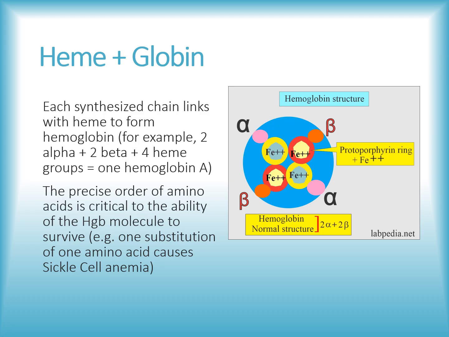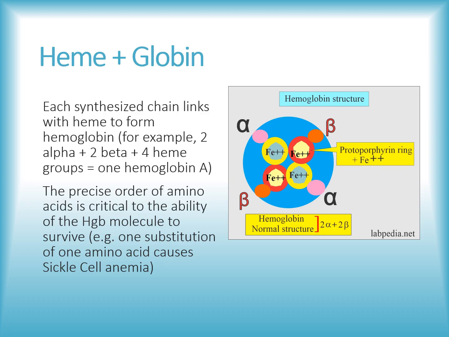So let's look at how our heme and our globins are combined to make a functional molecule. Each synthesized globin chain links with the heme to form hemoglobin. For example, you're going to have 2 alpha and 2 beta chains plus 4 heme groups. Now remember, our heme group is made up of our protoporphyrin ring plus our iron molecule. That's where our oxygen is going to bind. The precise order of amino acids is crucial to the ability of the hemoglobin molecule to survive.